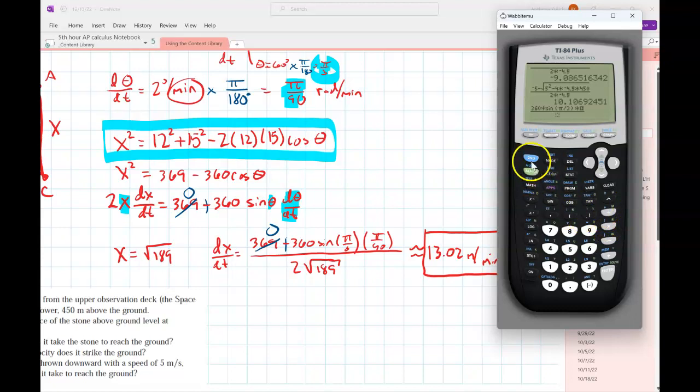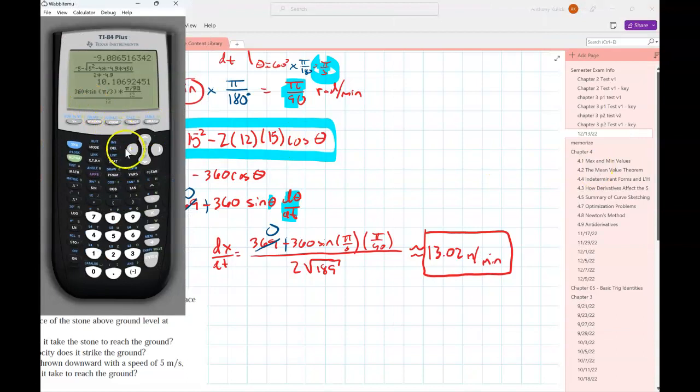And then we got, what is there, pi over 90. You guys got a serious case of the giggles going on over there. We got 2 square root 189.